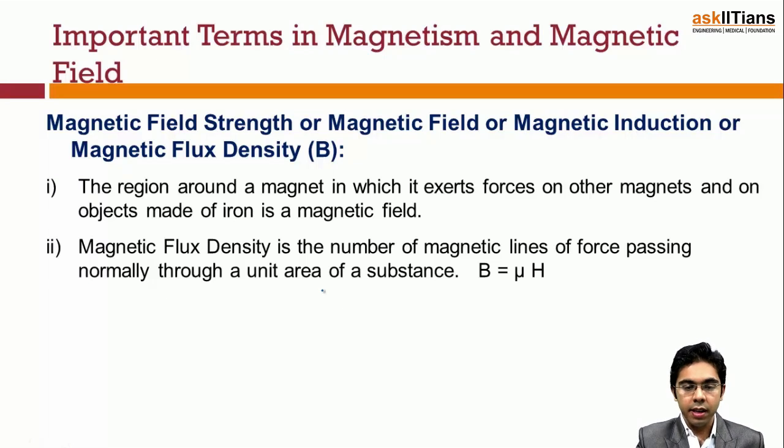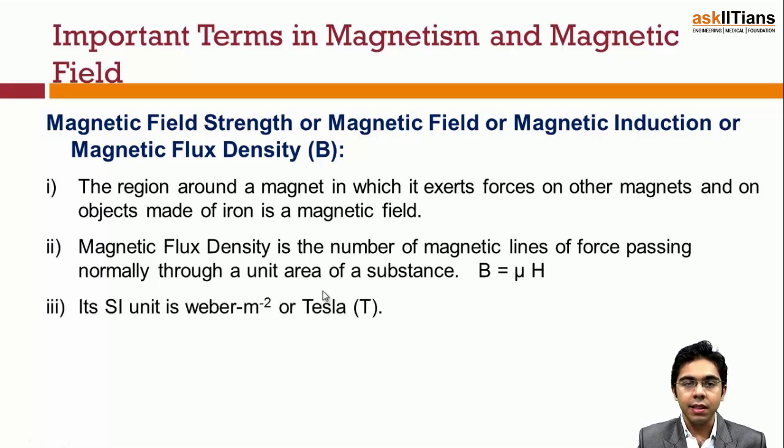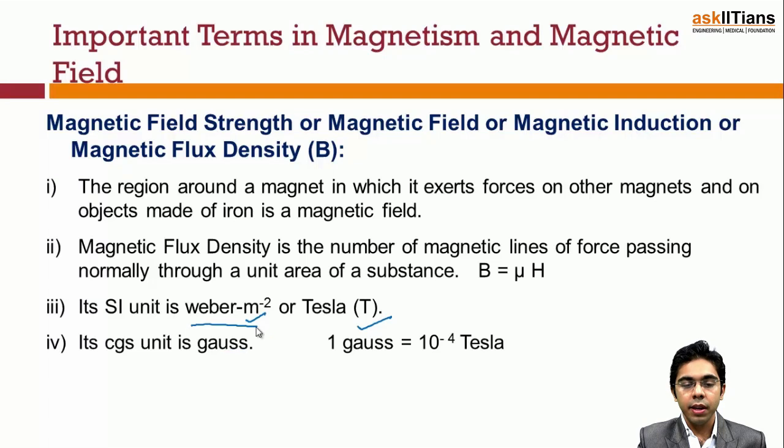The SI unit is Tesla, which you must have done in magnetic effects, or simply Weber per meter square. The CGS unit is Gauss, where 1 Gauss is 10 to the power minus 4 Tesla. Remember this, because sometimes the magnetic field comes in the unit of Gauss.